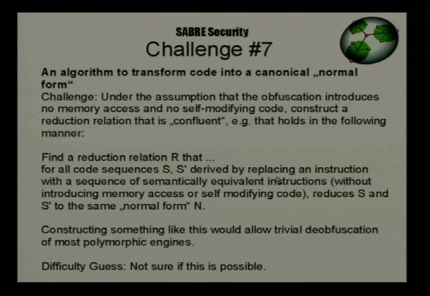If you have a code sequence S and S prime, derived by replacing one instruction with a sequence of equivalent instructions as I described, without introducing memory access or self-modifying code, we want a function that reduces S and S prime to the same normal form N. This need not necessarily be the same instruction that was mutated. It just needs to be the same representation no matter how I mutate my original one, so I can later test: is this the same as this?